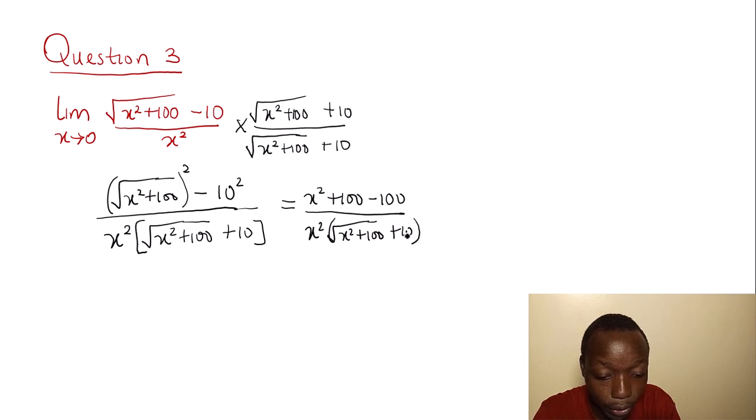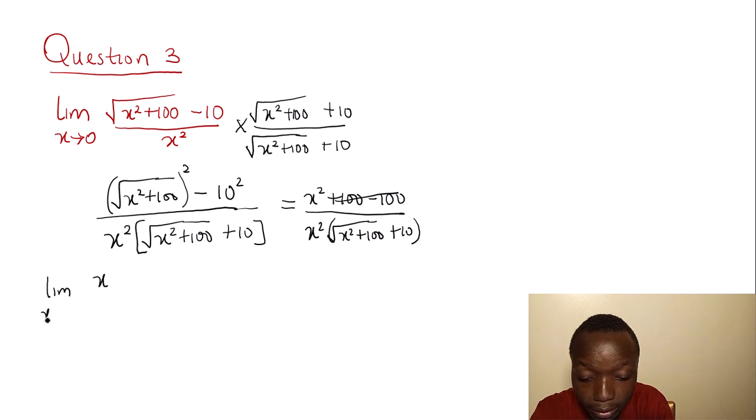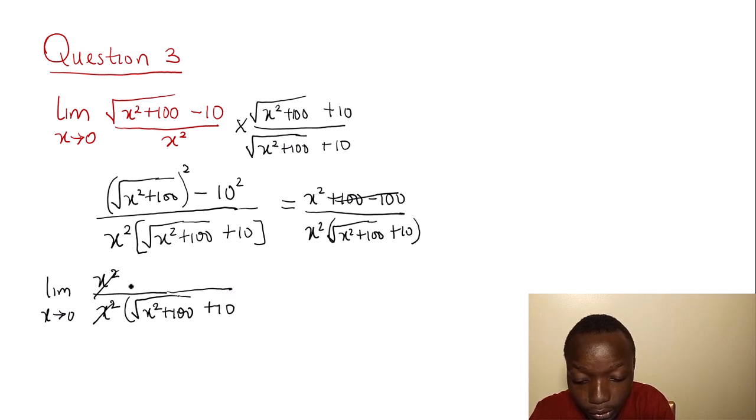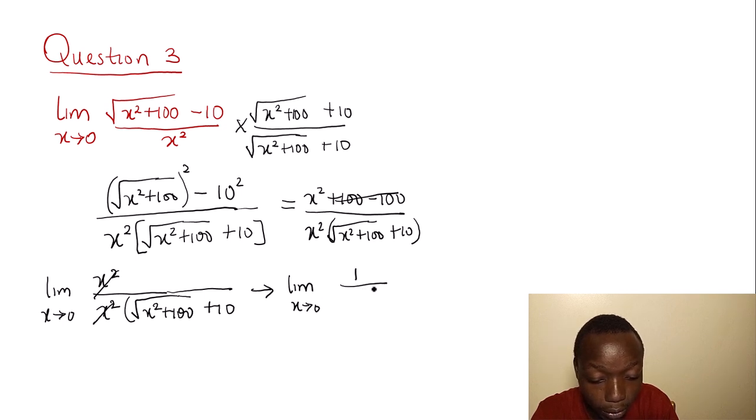Here 100 minus 100 is 0, so you're left with limit as x approaches 0 of x squared over x squared bracket square root of x squared plus 100 plus 10. x squared cancels x squared, so you're left with the limit as x approaches 0 of 1 over square root of x squared plus 100 then plus 10.